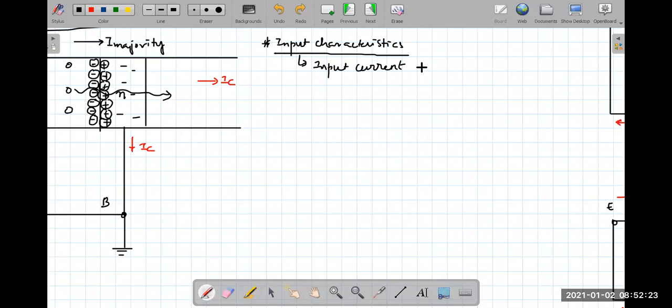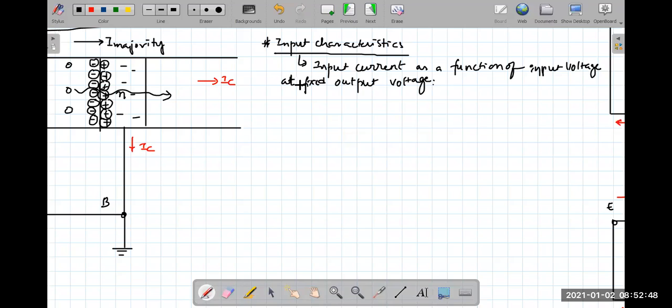But it's a three-terminal device, right? So here we say input current as a function of input voltage at fixed output voltage. We must not forget this fixed output voltage.